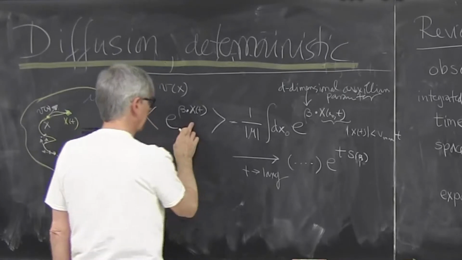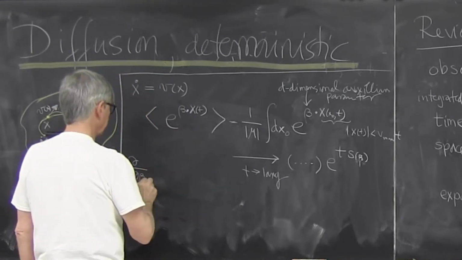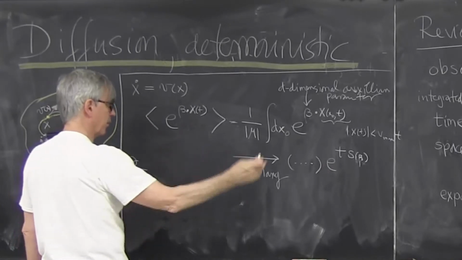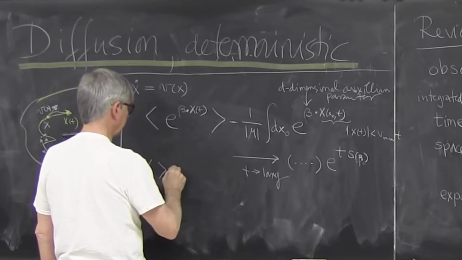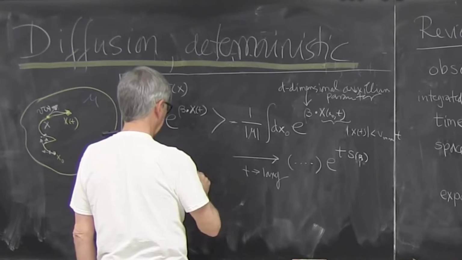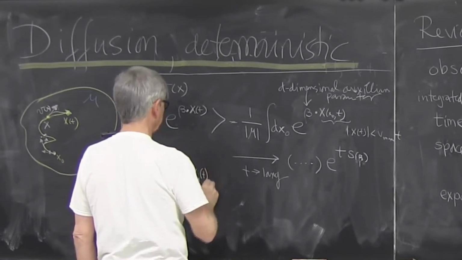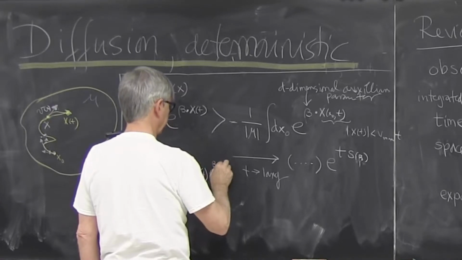So now what I can do is take the derivative with respect to the ith component of both sides of this equation. When I take the derivative here, it'll bring down the ith component of x at t, weighted by e to the b dot x_t.